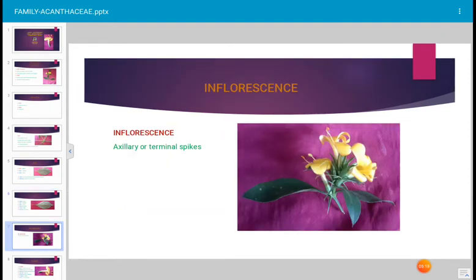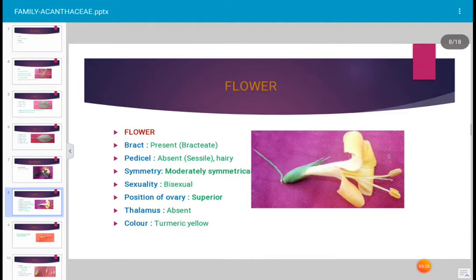Inflorescence. Inflorescence is an axillary or terminal spike. Next slide. This is a flower of Barleria. It is a bracteate flower. See in the photograph, at the base of the flower there is a bract. Bract is present. It is again a leafy structure.